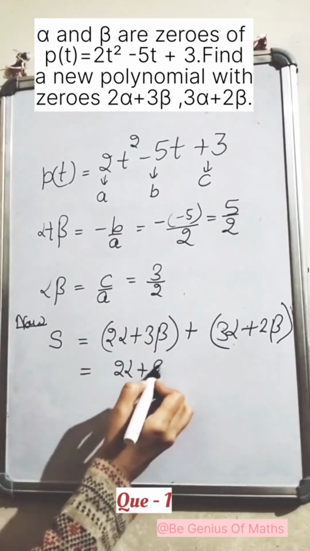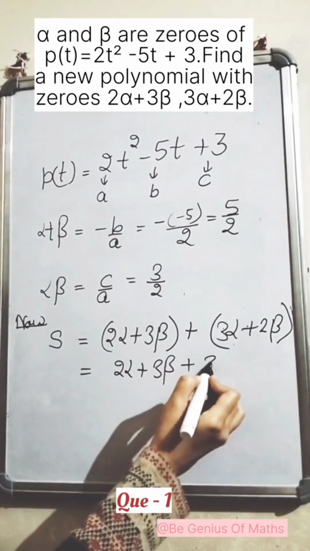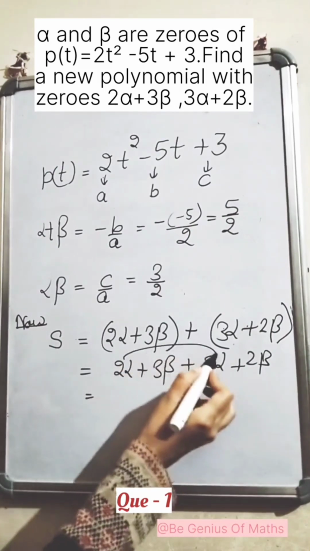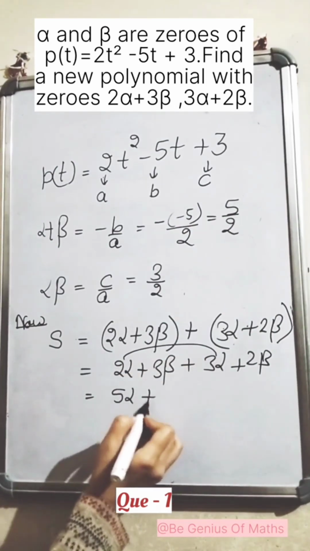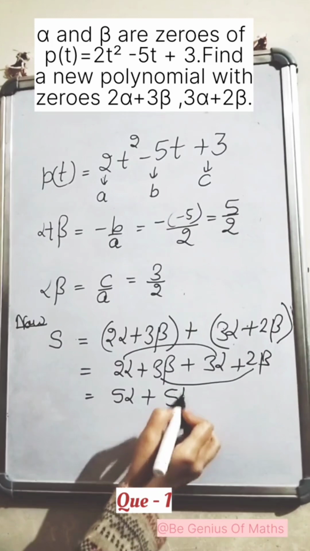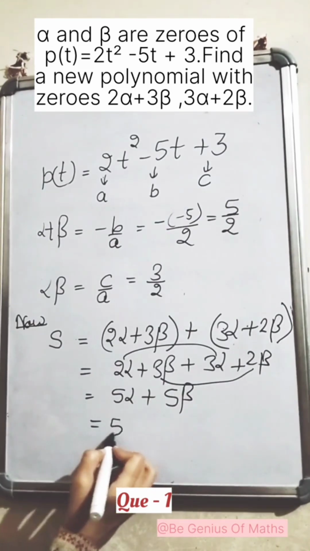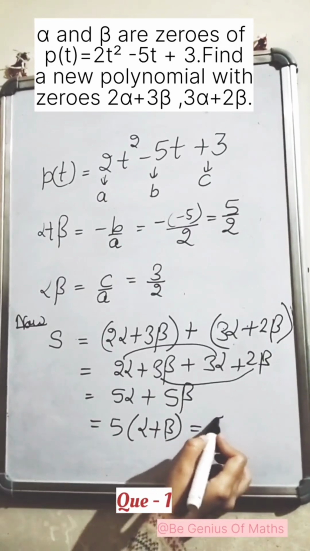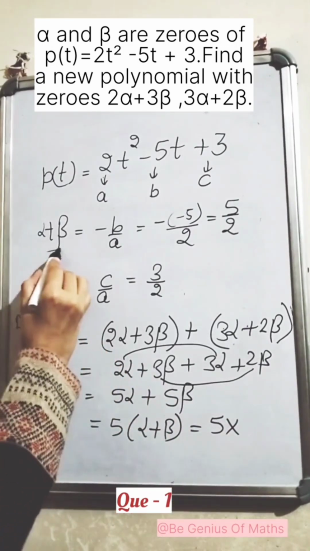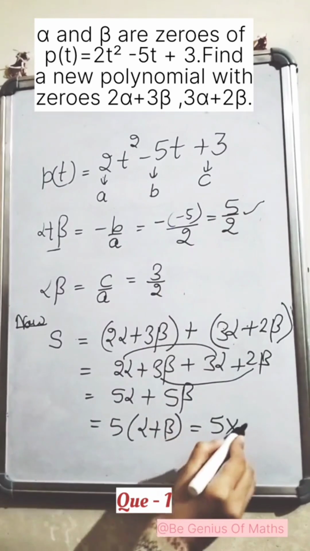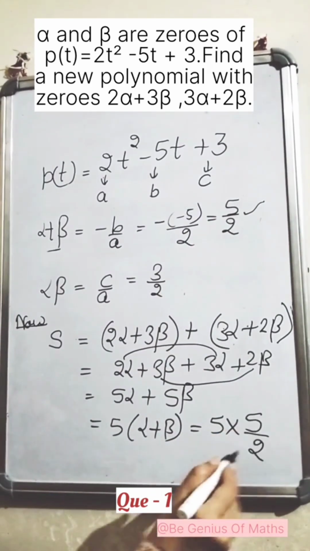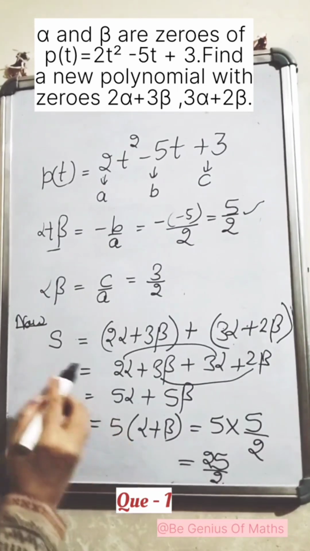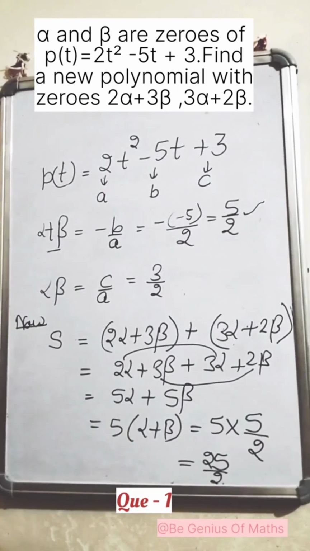Because there is a plus here, the sign will not change. Alpha and alpha will be added: 5α, and 3 and 2, 5β. 5 common into alpha plus beta. Now put the value of alpha plus beta, which is 5 by 2. 5 into 5 becomes 25 by 2.